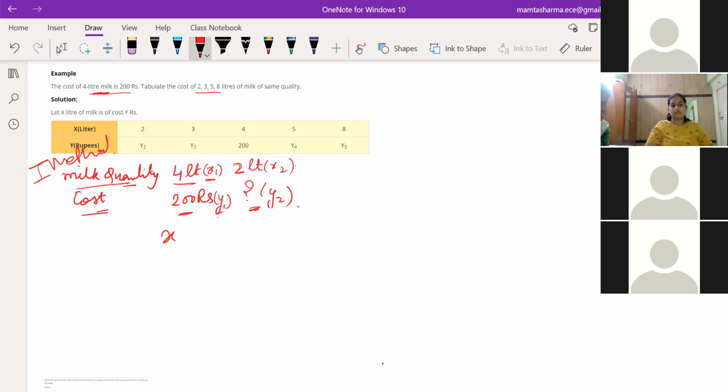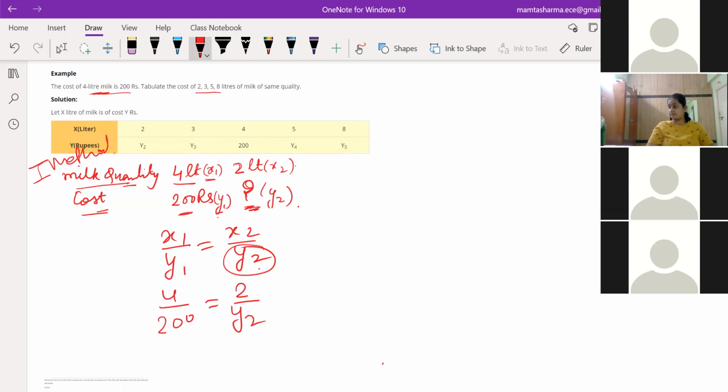Their ratio will remain constant. This is the definition of direct proportion. Now put the values: y2 is unknown, you have to find the value of y2, the question mark. So x1 is 4 liter, y1 is 200, x2 is 2 liter, y2 is unknown.